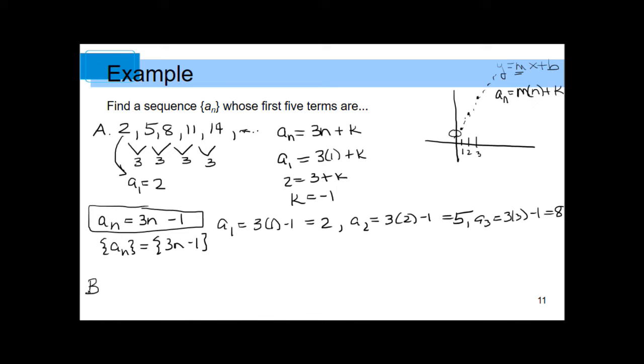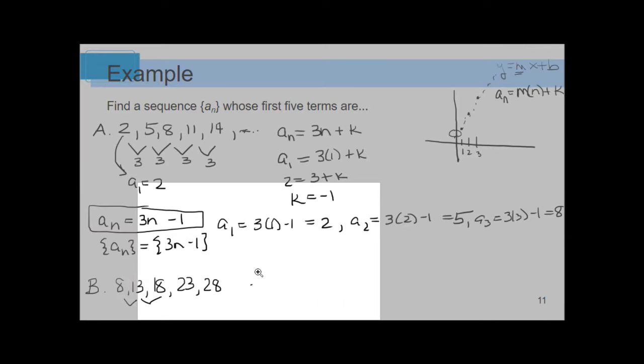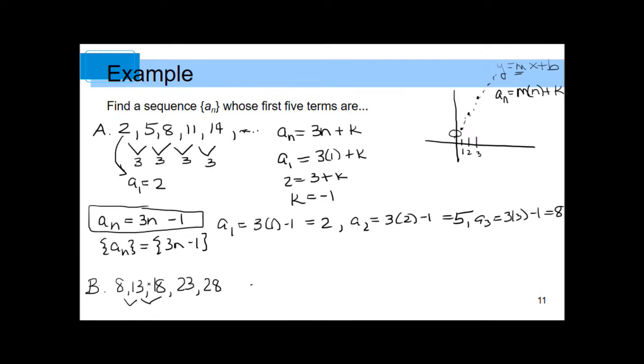Remember that we also looked at, in the previous example, the sequence 8, 13, 18, 23, 28. This was another example where we had a constant difference of 5. Each time the terms increased by 5.